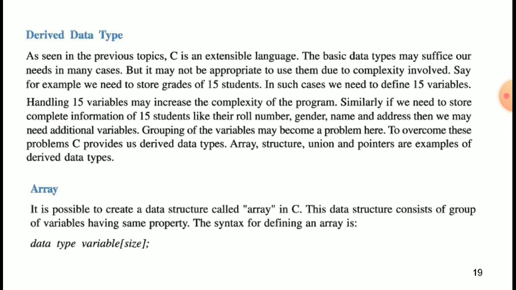Here data type may be any basic data type, user defined data type or derived data type. Variable is the name of an array and size refers to the number of elements in the array. So the example: char, the variable name is subject name, and then brackets 10, that means the size.